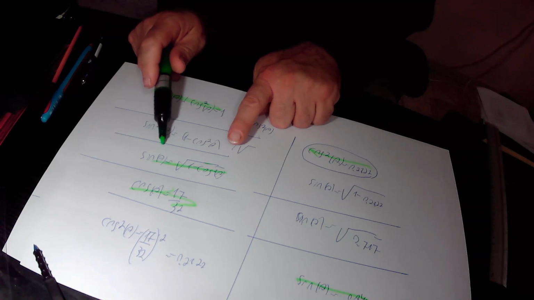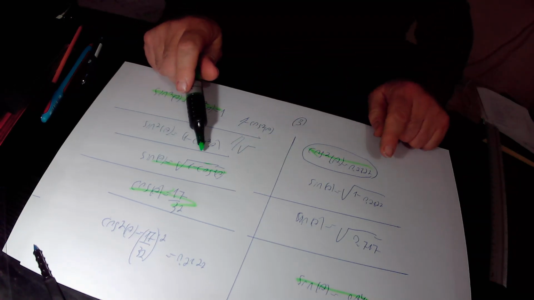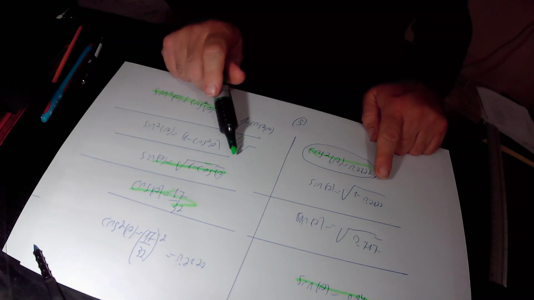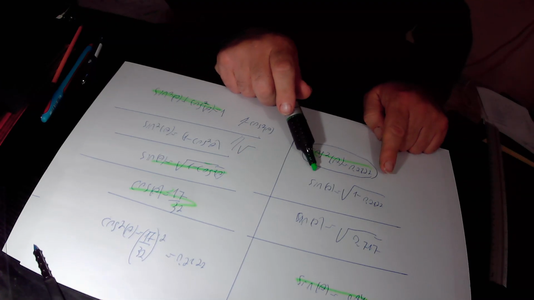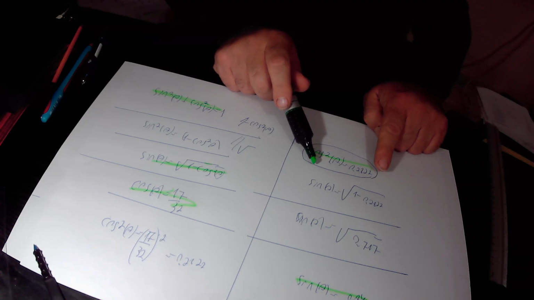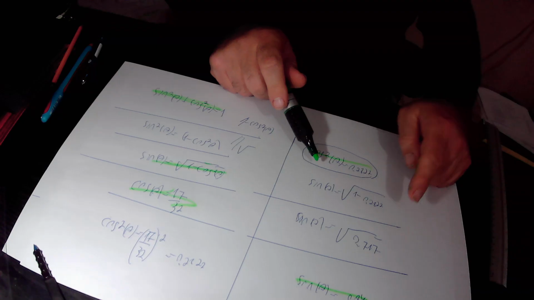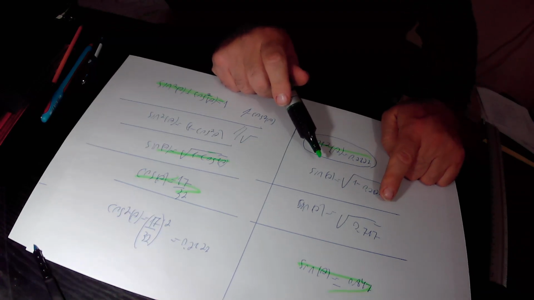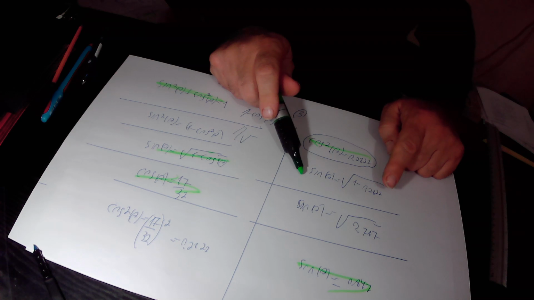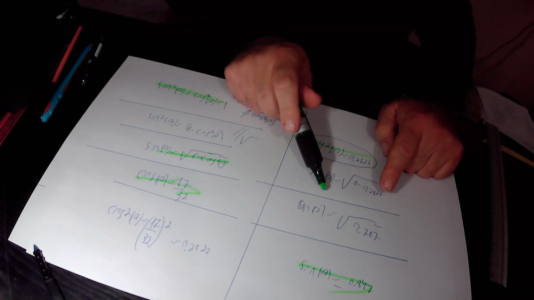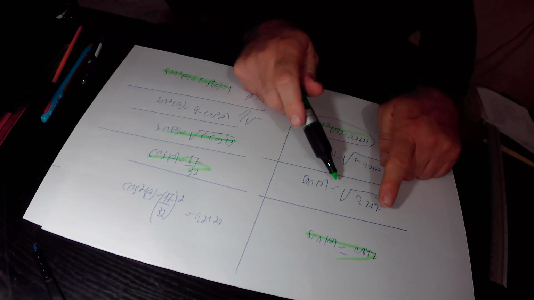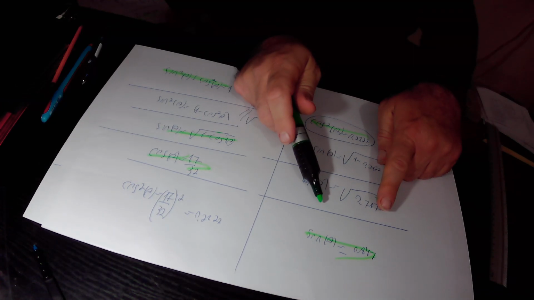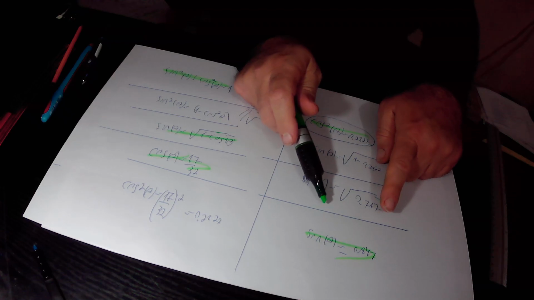So sin theta equals the square root of 1 minus 0.2822. 1 minus 0.2822 equals 0.717, so inside the root we are left only with 0.717. The square root of 0.717 is equal to 0.847. So in total we found out that sin theta equals 0.847.